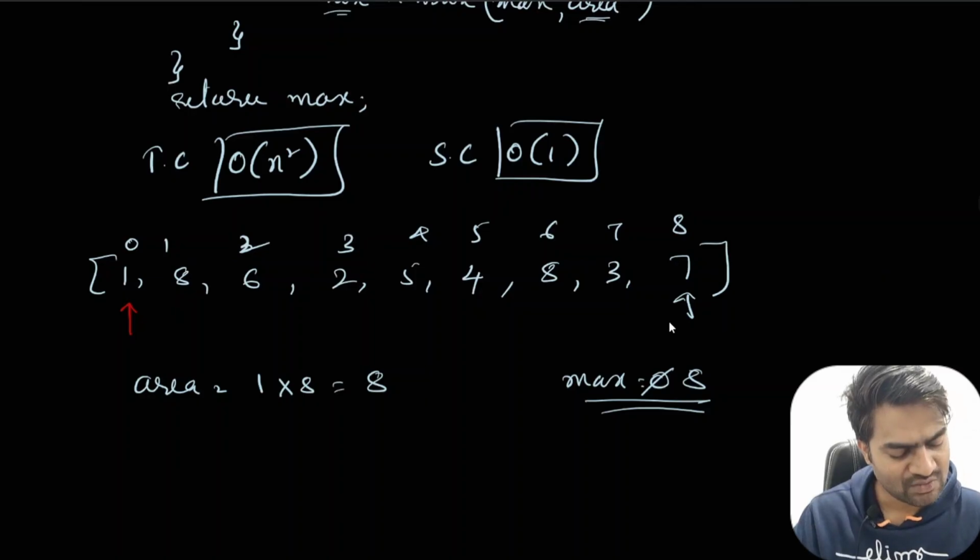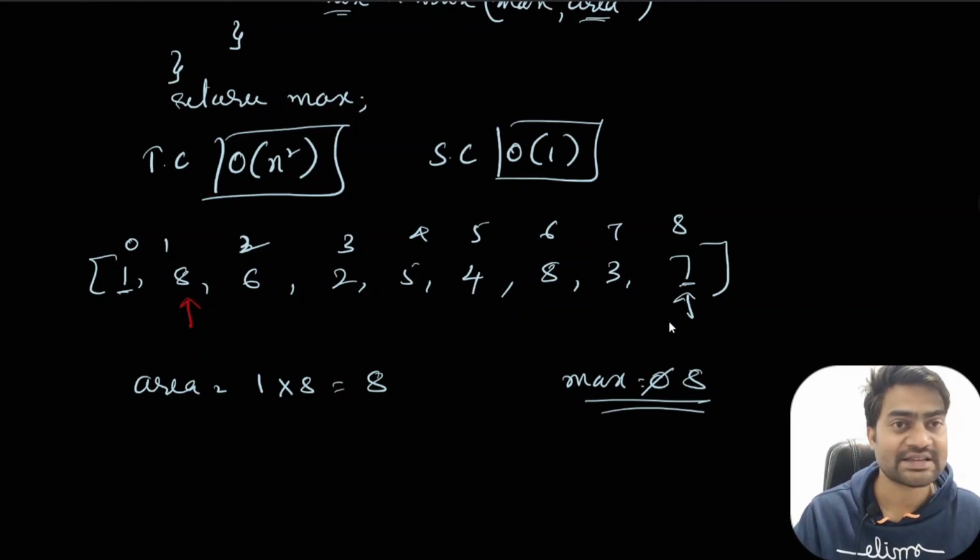Now, after this, I will check whether the value at the left pointer is lesser or the value at the right pointer is lesser. The value at the left pointer is lesser, so I will eliminate this value and move my pointer to the next number.